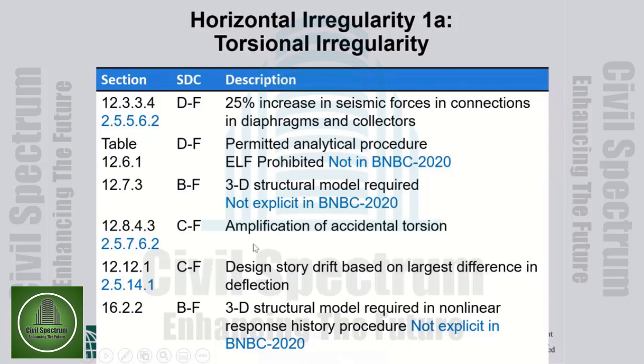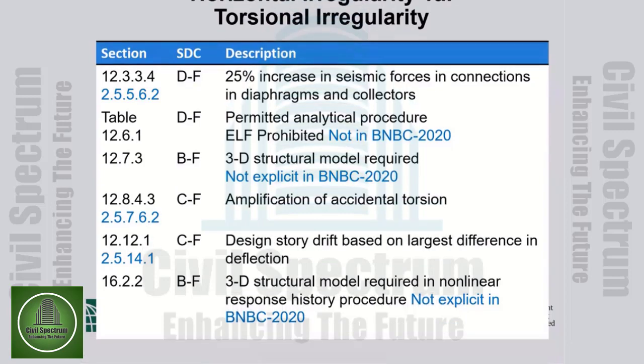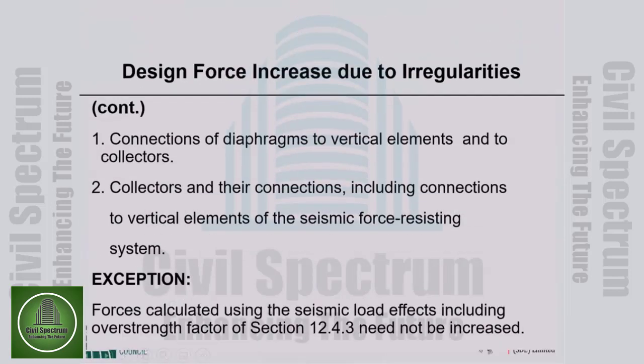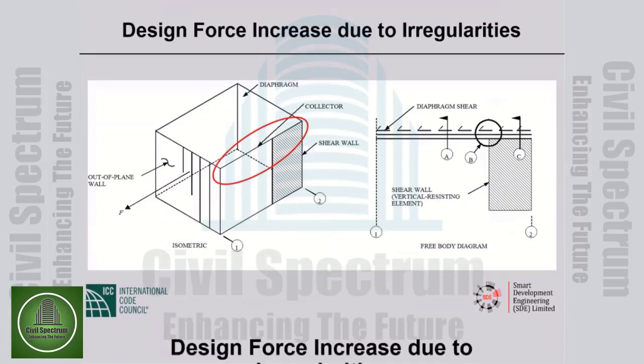So both of those requirements are in both documents. And finally, 3D structural model required in nonlinear response history analysis. I do not believe it is explicitly stated in BNBC, but it doesn't make any difference. So amplification of accidental torsion and design story drift, we will take a look at those without coming back to this table.